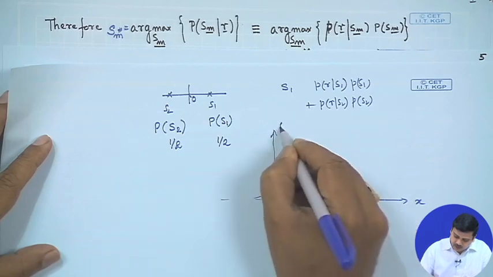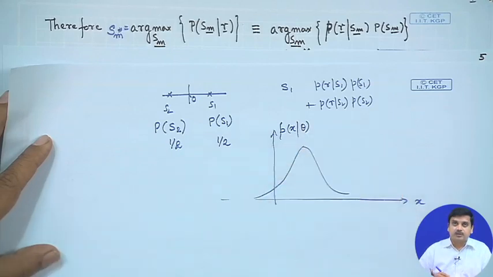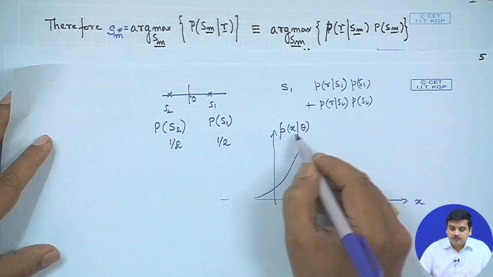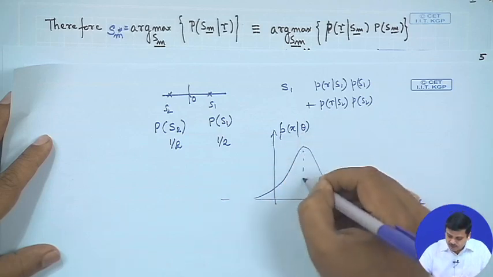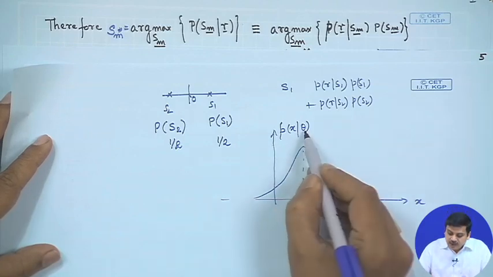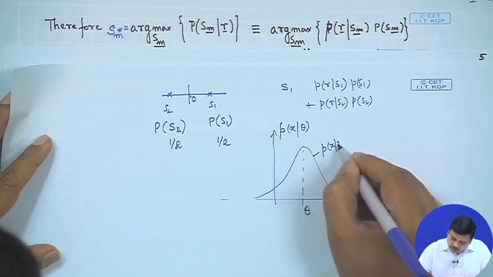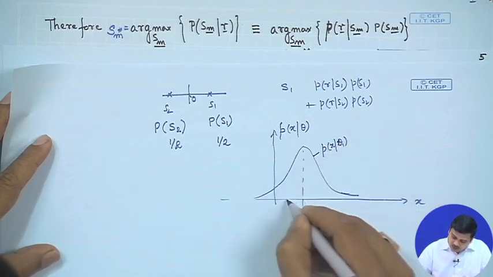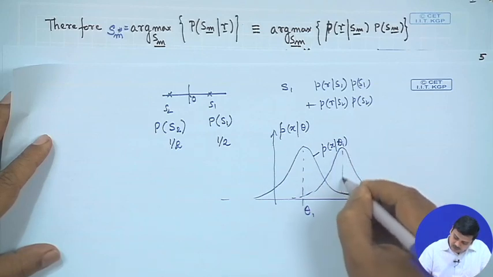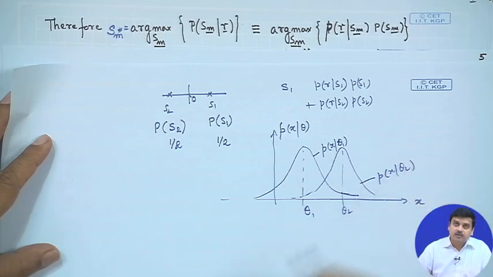So, this is P of x conditioned on, let us say, some parameter theta. Let theta be the mean of the PDF, suppose. If I change theta to some other value, theta 1, I can get the PDF which goes like this as theta 2, and this can be P of x conditioned on theta 2.